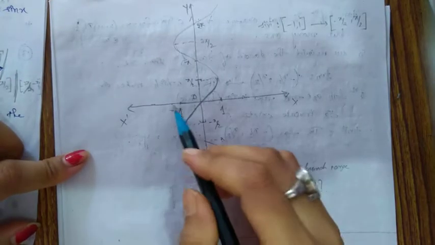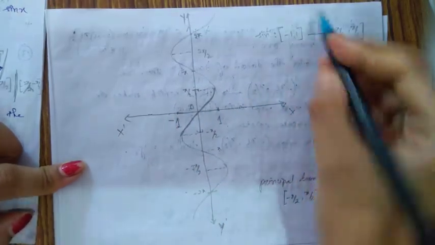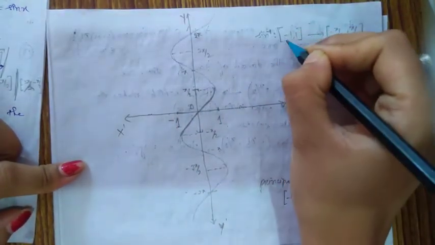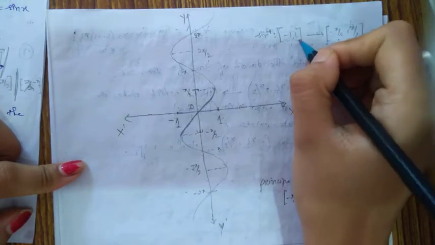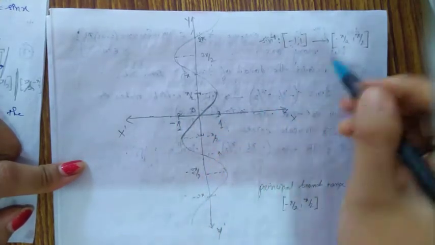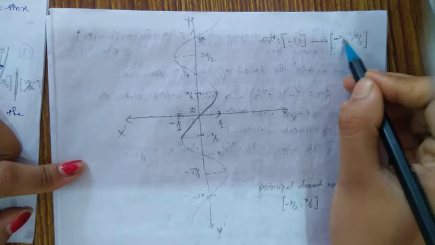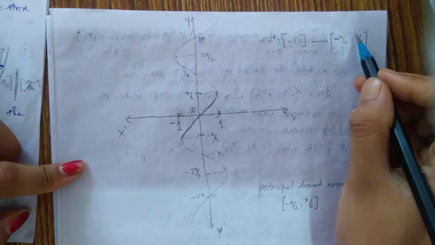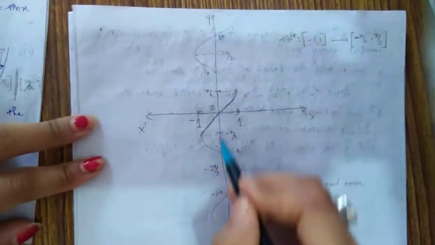Our domain is the closed interval -1 to 1, so along the x axis we will have this interval -1 to 1, and our range is -π/2 to π/2, so along the y axis we will have this closed interval.